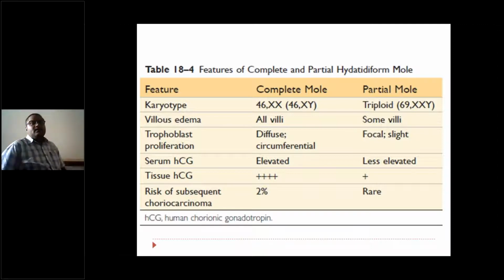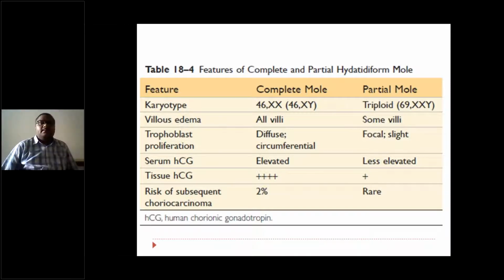Villus edema is seen in all villi in complete mole, whereas it is seen in only some villi in partial mole. Trophoblastic proliferation is diffuse and circumferential in complete mole, whereas it is focal and slight in partial mole. Serum HCG is elevated in both, and tissue HCG is very much elevated in complete mole and less elevated in partial mole.